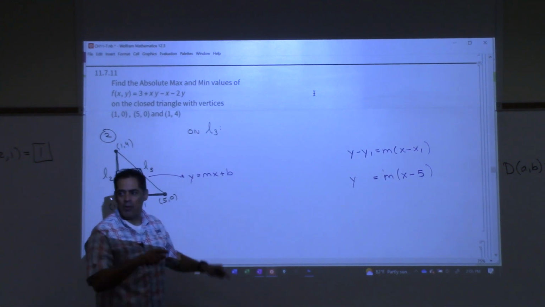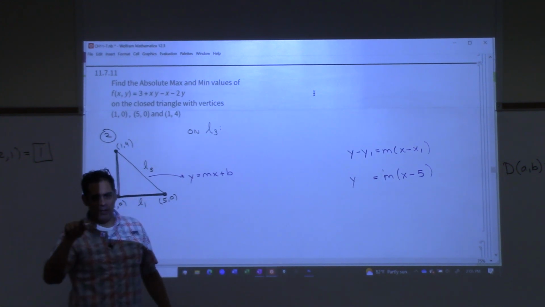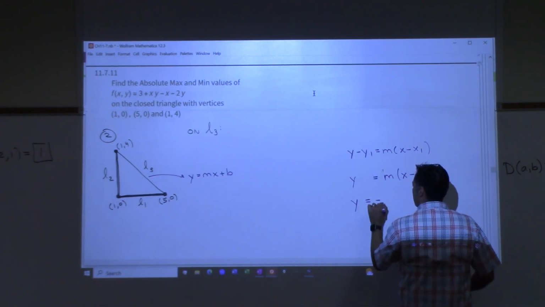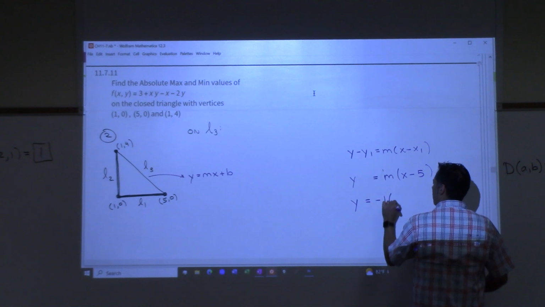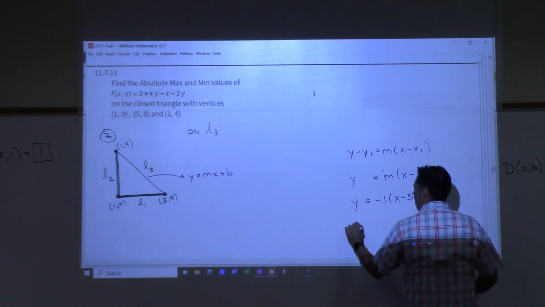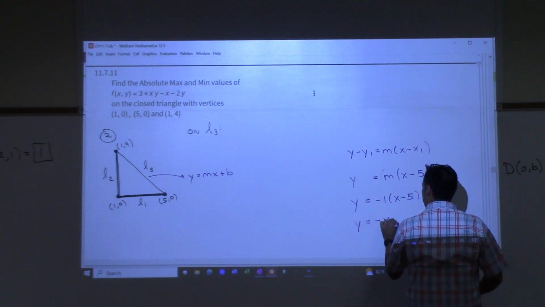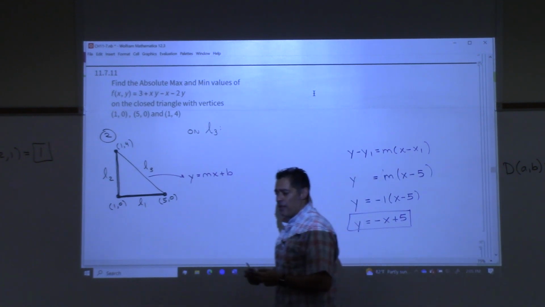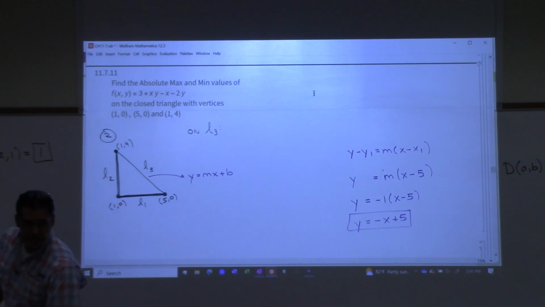You could actually compute it, y2 minus y1 over x2 minus x1, but it's Cal 3, so I'm not going to do that. So y minus 0 equals -1 times x minus 5. Let me distribute that negative through: negative x plus 5. This is the equation of that line, right?